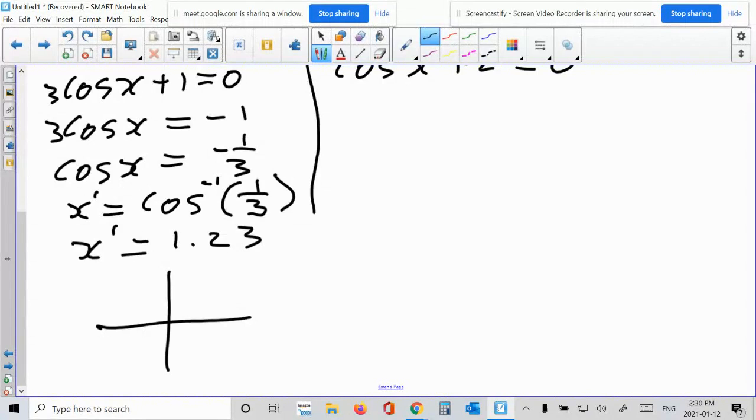So can you now tell me, anybody, which quadrant should I be putting this angle of 1.23 in? Quinn says quadrants 2 and 3, and I absolutely agree. So I'm going to put this 1.23 angle in quadrants 2 and 3 right now.